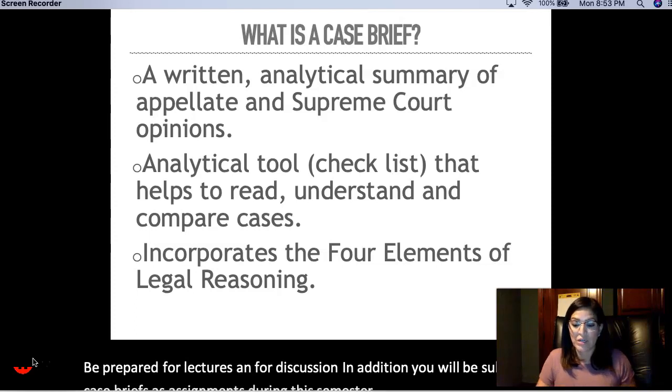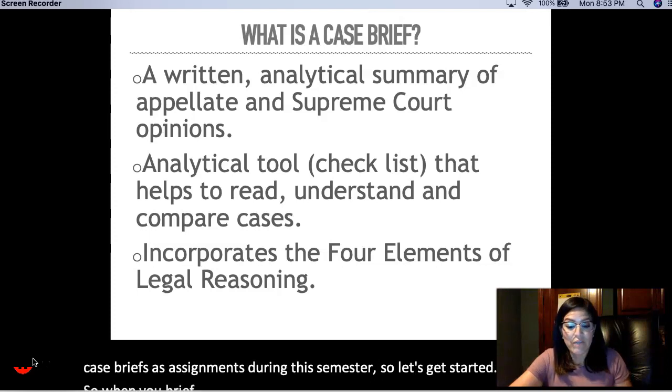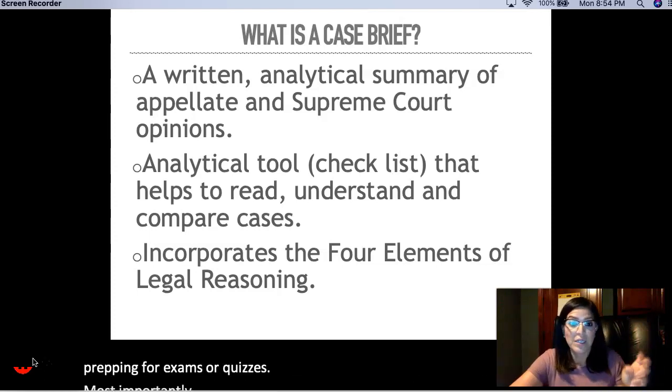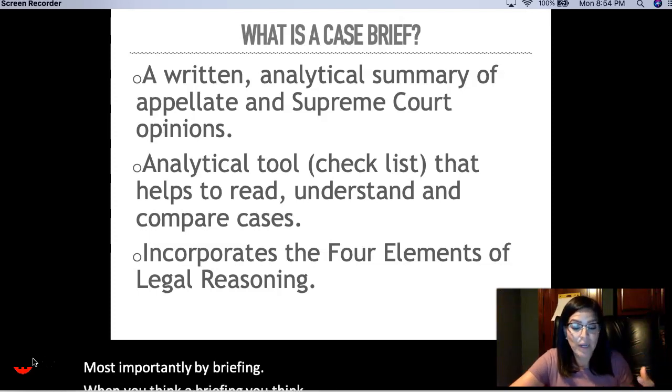So let's get started. When you brief a case, your goal is to reduce the information from the case into a format that will provide you helpful reference for class or just for review and prepping for exams or quizzes. Most importantly, when you think of briefing, you think of short, summarized, right?